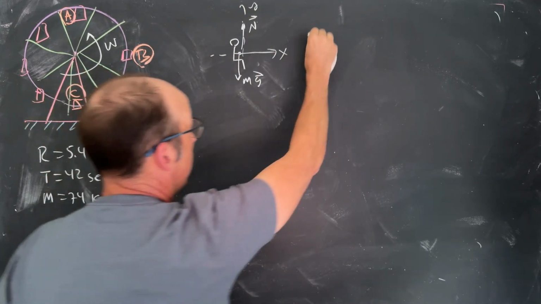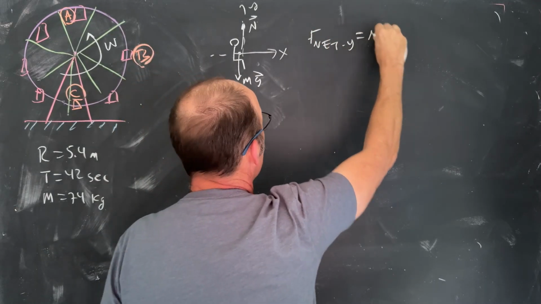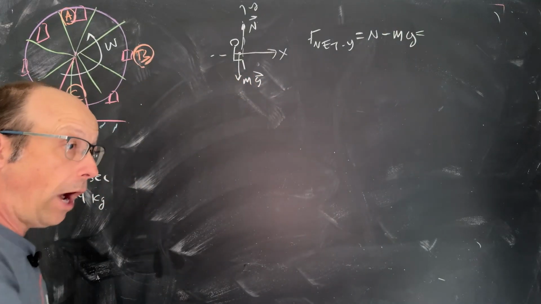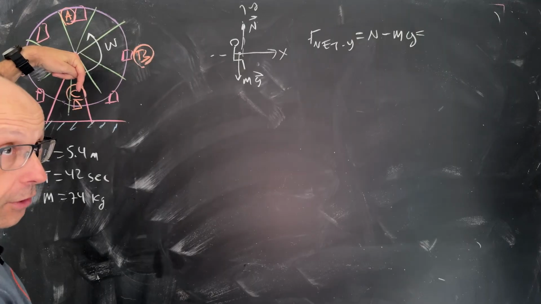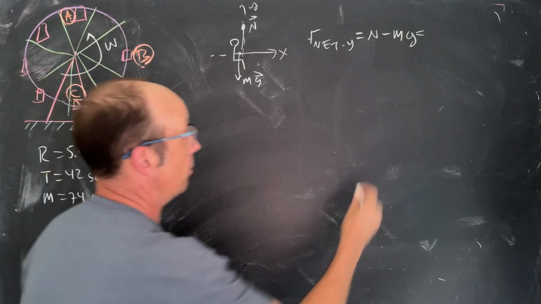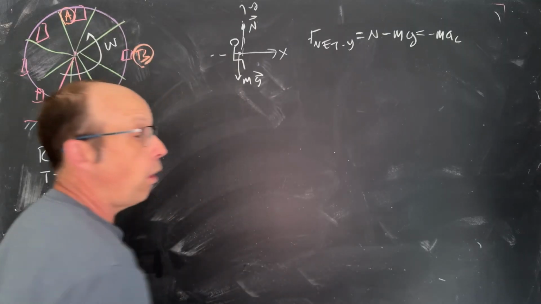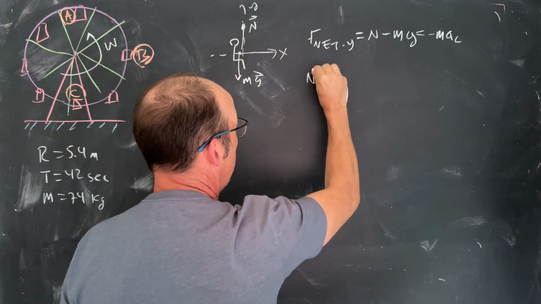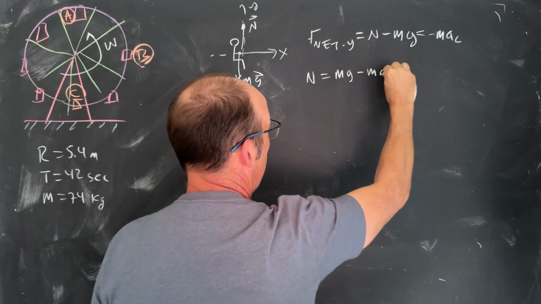Then I can write F net in the y direction is N minus mg equals, now which way is acceleration? In this case, acceleration is towards the center of the circle, which is down. So that's going to be in the negative direction, negative m a_c. What we want to solve for in this equation is N. So N equals mg minus m a_c.